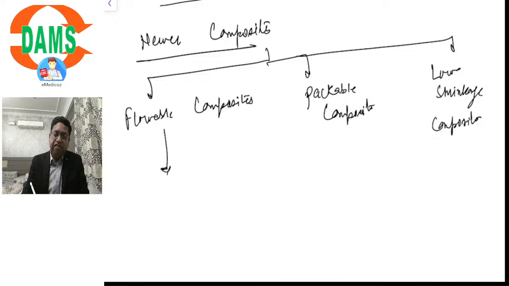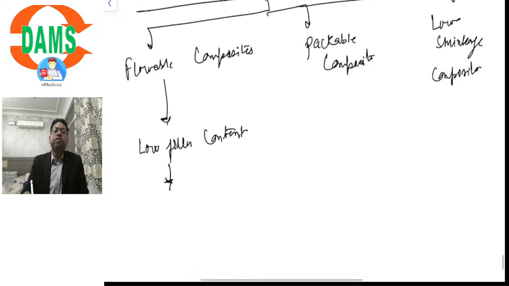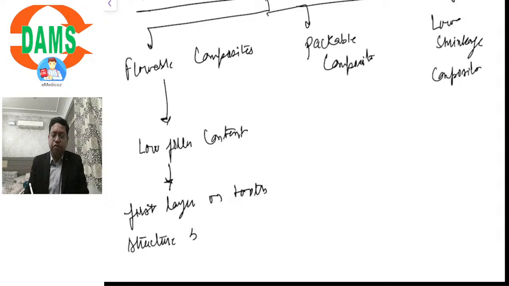Flowable, as the name indicates, they are very less viscous or they are fluid enough, so they have got low filler content. What is the use of such flowable composites? As a first layer on tooth structure below regular composites.